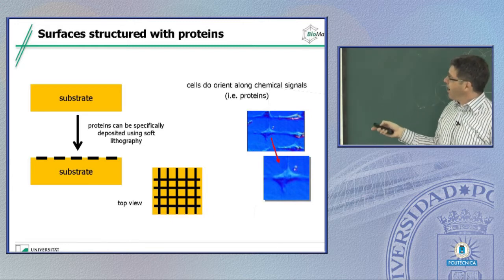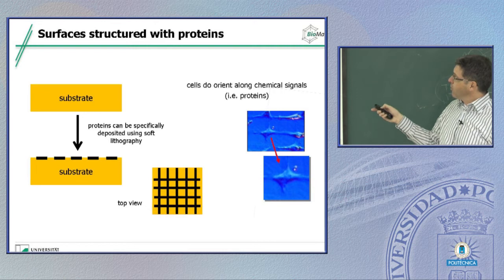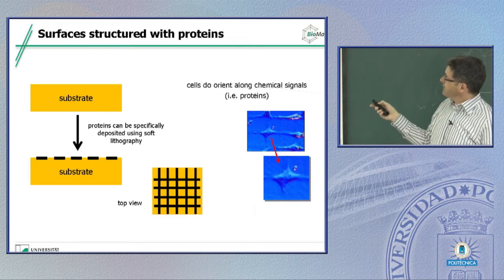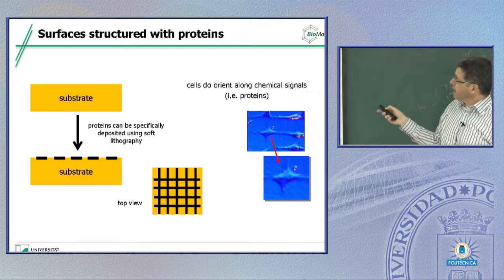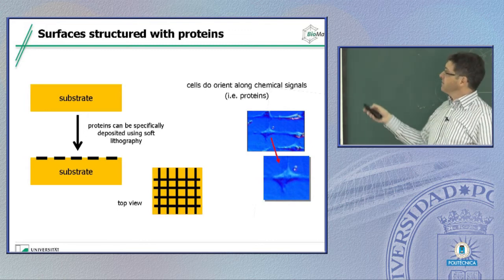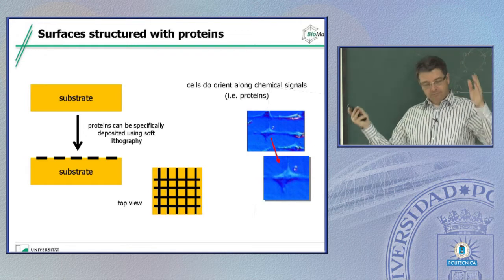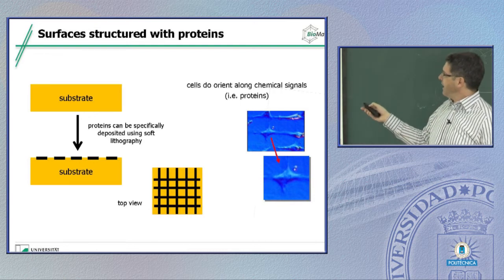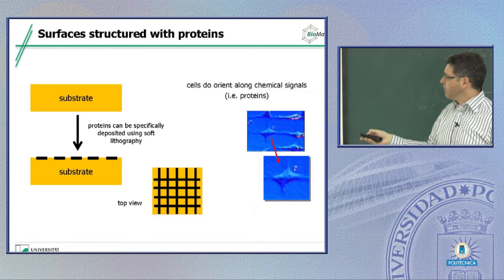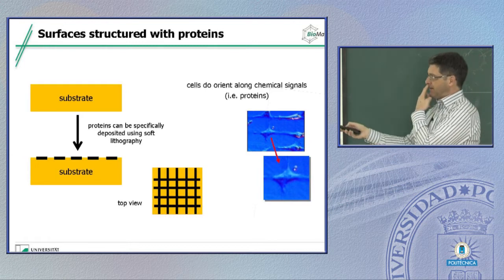And here are some images showing that the cells, in this case fibroblasts, orient along the chemical signals. In this case, these are just passive signals. These are just proteins, just silk proteins. So they can actually have a nice orientation only where the protein has been deposited, but not in between.